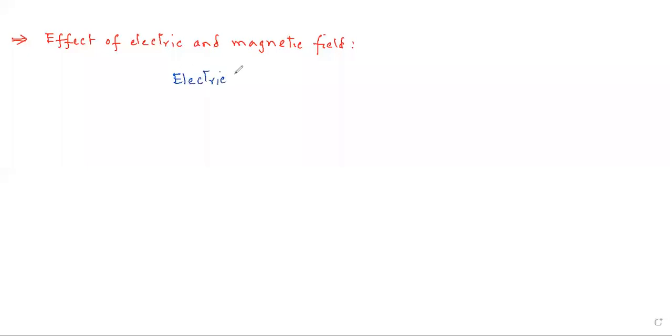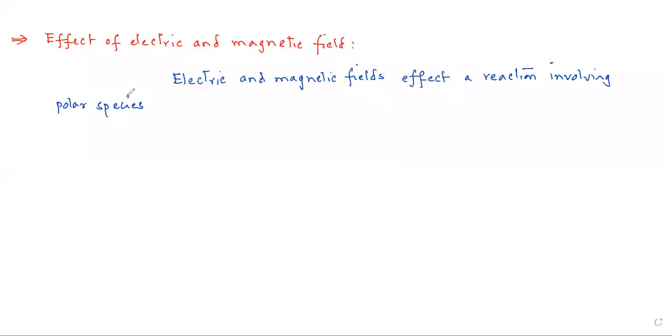Electric and magnetic fields will have effect when a reaction is carried out with a polar species. Polar, having charges. In such a case, it is affected by electric and magnetic fields. Next.